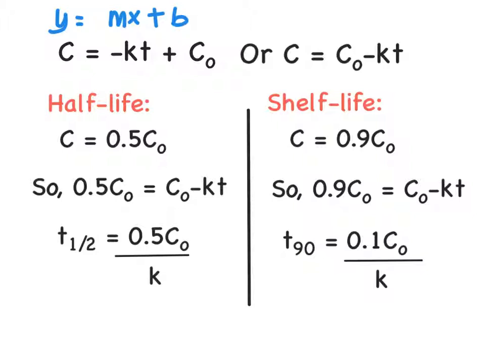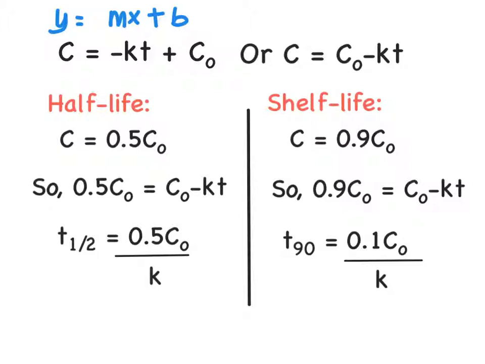Knowing this information, you can solve or derive your equations for half-life and shelf life. With half-life, remember that our concentration is going to be equal to 50% of whatever our original concentration was, so we can say C is equal to 0.5 times C0.